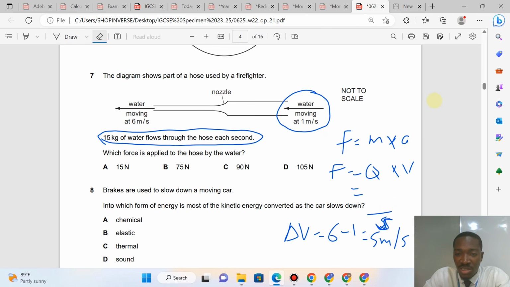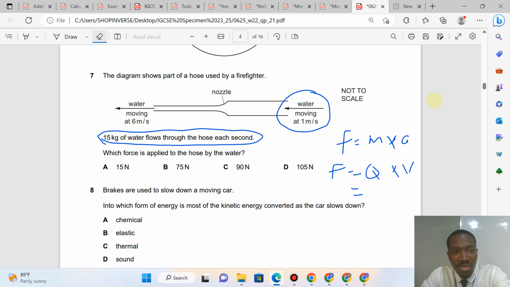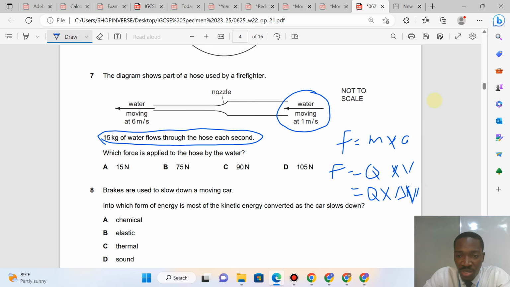Let me erase all of this so that this calculation will be far clearer. Force is flow rate multiplied by speed. In this case, since there are different speeds, force will be flow rate multiplied by change in speed. Our flow rate is 15 kilogram per second multiplied by our speed, 6 minus 1, that would be 5 meters per second.